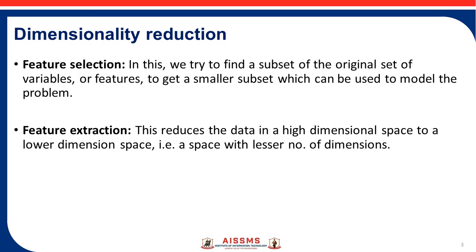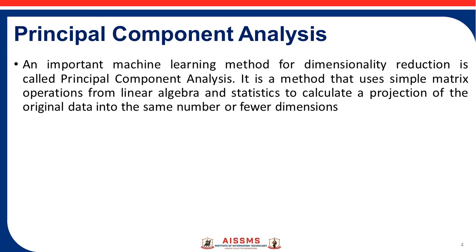In the feature extraction technique, we have to apply some method by which we can reduce the dimension of the data, means we can convert the high dimensional space to the lower dimensional space, means we can reduce the number of dimensions in the data set. The most famous example of a dimensionality reduction technique is principal component analysis.